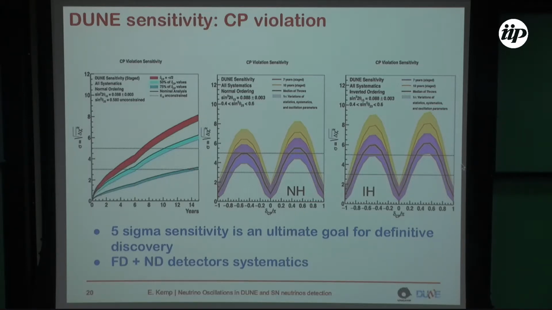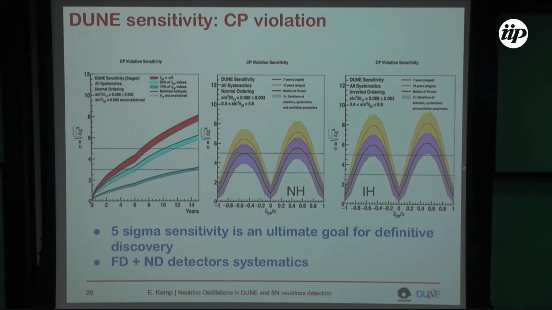And here are the sensitivities again for delta CP, the same plots that I showed before for the mass ordering of neutrinos, but now for the CP violation. Here we have the possible values of the CP violation and the significance in terms of the delta chi-square.